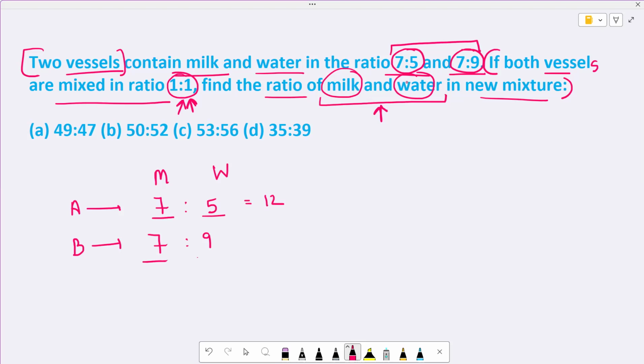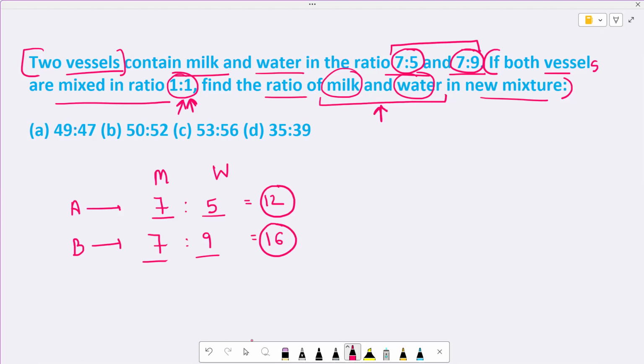If we sum 7 and 9, we get 16, sorry, which are pretty much not equal. So 12 and 16 are not equal, but in order to mix them in the ratio 1 is to 1, first we need to make them equal.